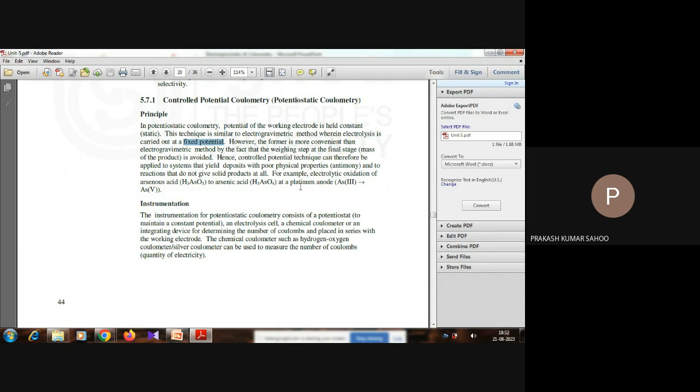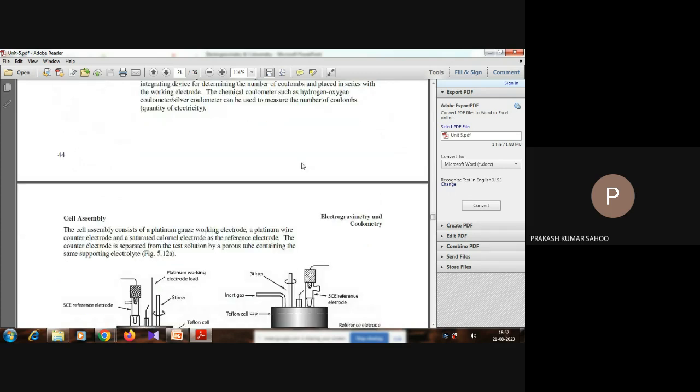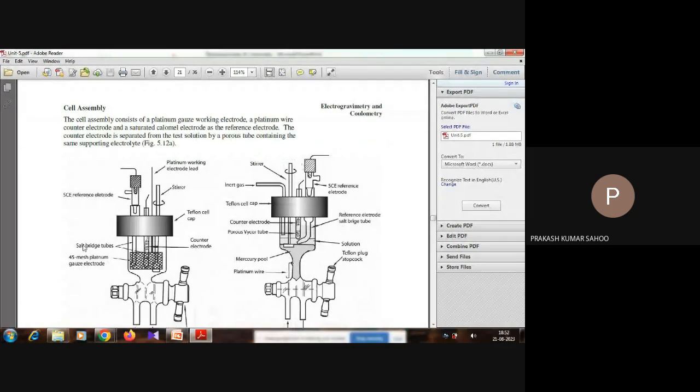So where the physical properties of a metal are very poor, this type of metal can also be estimated through coulometry. So these are the instrumentation, that is the cell assembly here. I will not read all the lines.